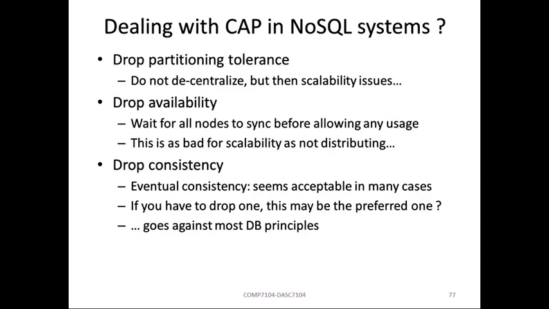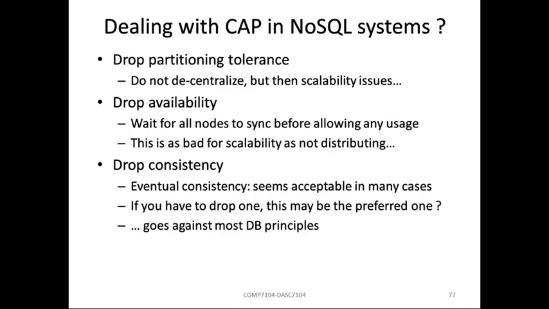We may drop availability, and that may mean when there are major problems, when there are partitions in the system, when there are major failures, there may be moments, situations in which we cannot answer queries. The system is not available. The system has to wait for all the nodes to get back in line, to synchronize before allowing usage for some part of the data.